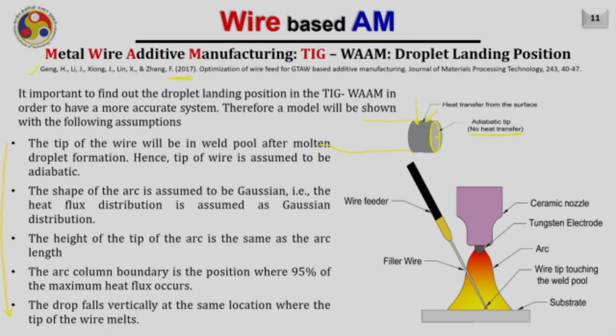The shape of the arc is assumed to be Gaussian. The distribution in each slice is also Gaussian, but the shape of the arc, this bell shape, is also assumed to be Gaussian.